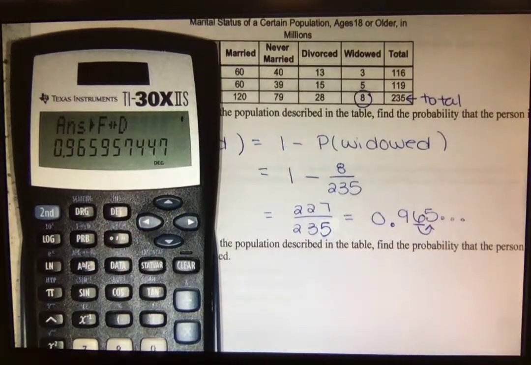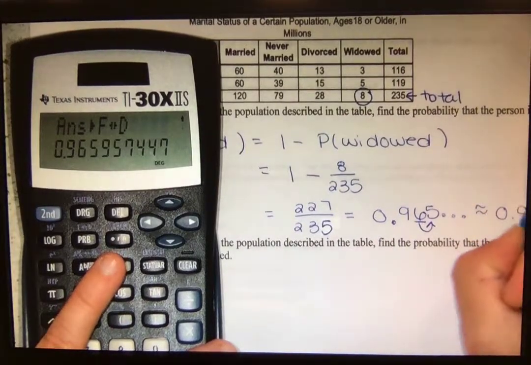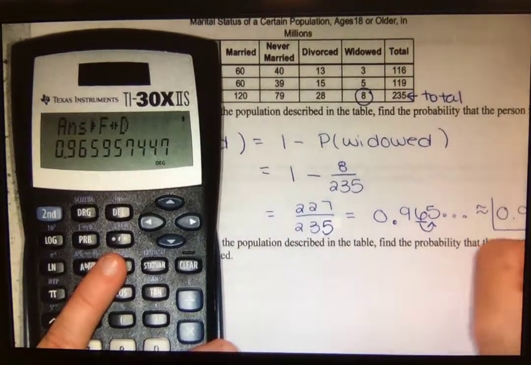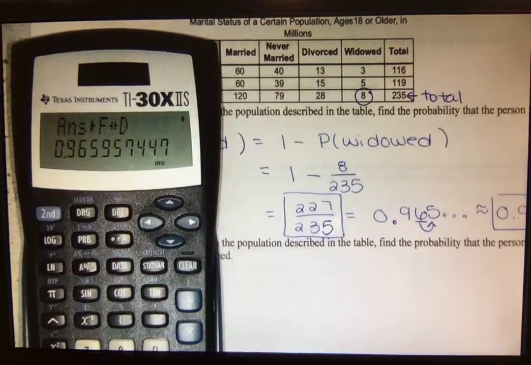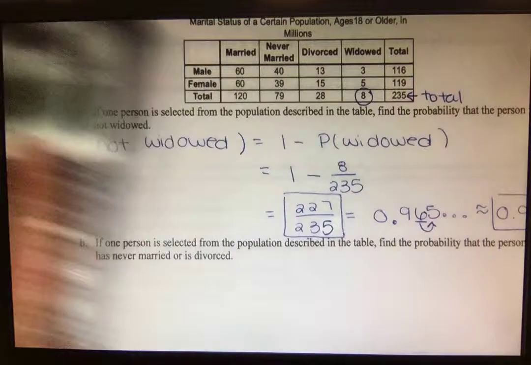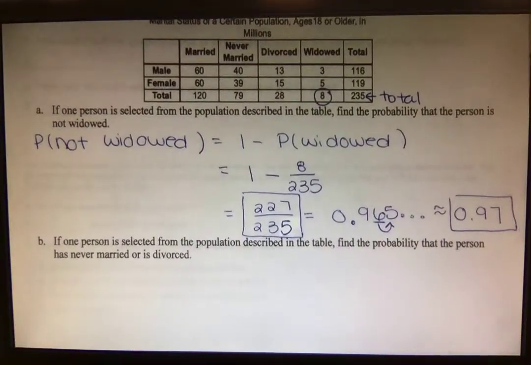Looking next door is a 5. Remember, if it's 5 or higher, it rounds up. So it'll be about 0.97. So 0.97 is one answer. 227 divided by 235 is another answer. So both of those are answers.